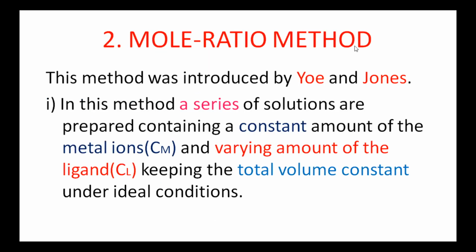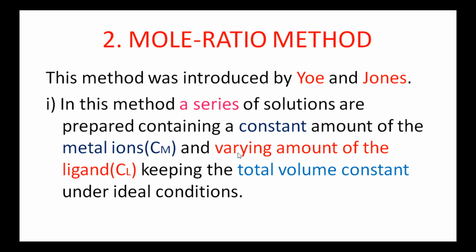Next method, the mole ratio method. This is also one of the methods used to determine the composition of the complex. This method was introduced by the scientists Yoe and Jones. In this method, some steps are involved. First step is, a series of solutions are prepared containing a constant amount of the metal ion, that is, the concentration of the metal ion is constant, while the amount of the ligand is varied, keeping the total volume constant under ideal conditions.